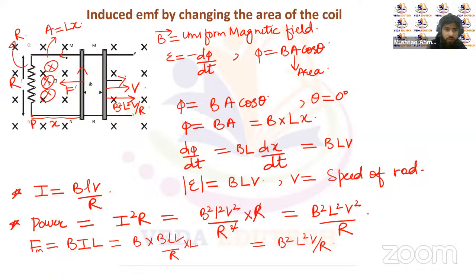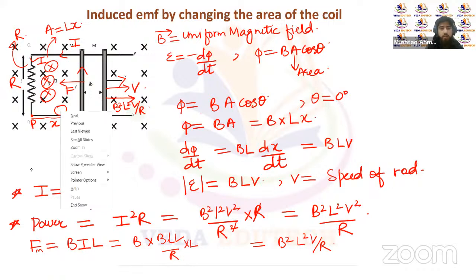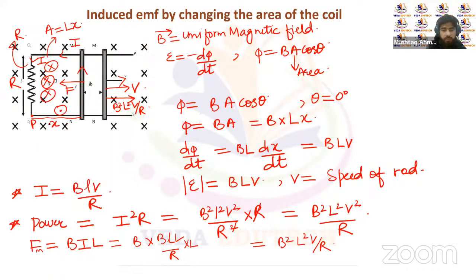If the current has to be in an anti-clockwise direction, then by the right hand rule, the direction of the magnetic field will be out of the plane of this paper, right? So in that case, the flux will be reduced. So this will be the direction of the induced EMF or induced current in the circuit.